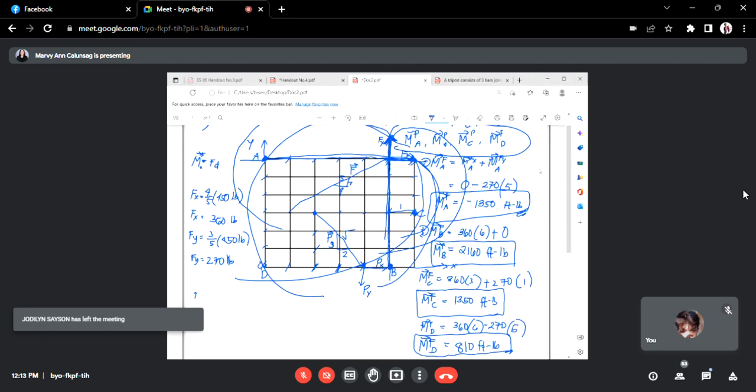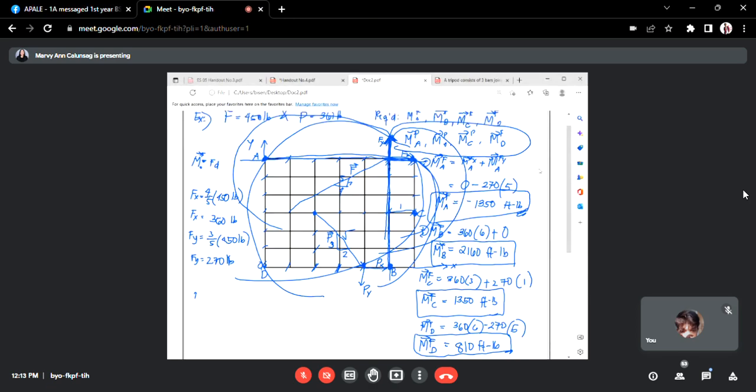Square root of 9 and 4. So ayaw na lang i-decimal, square root of 13. So Px na to. Therefore, that is 2 over square root of 13 times your P, which is 361.